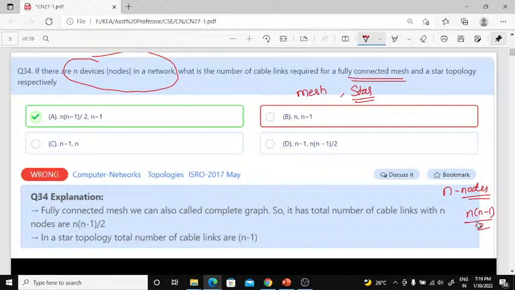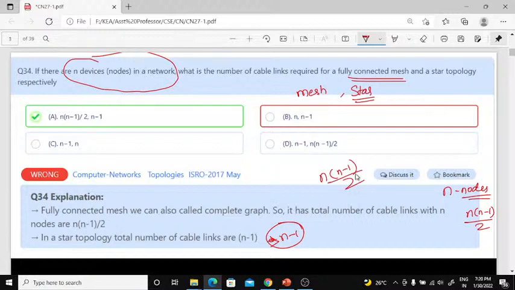In star topology, the total number of cable links is n minus 1. And in a fully connected mesh with n nodes, it is n into n minus 1 by 2.